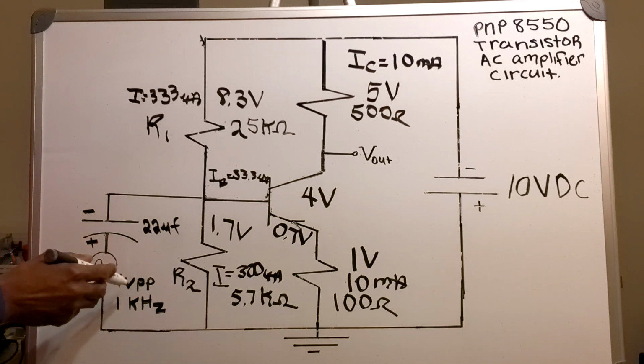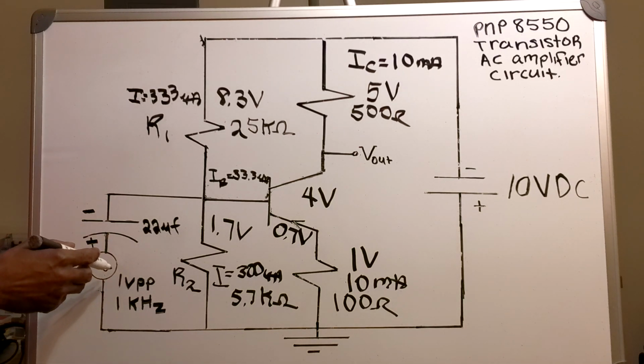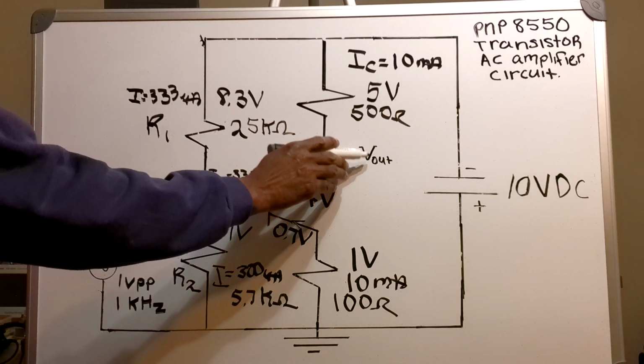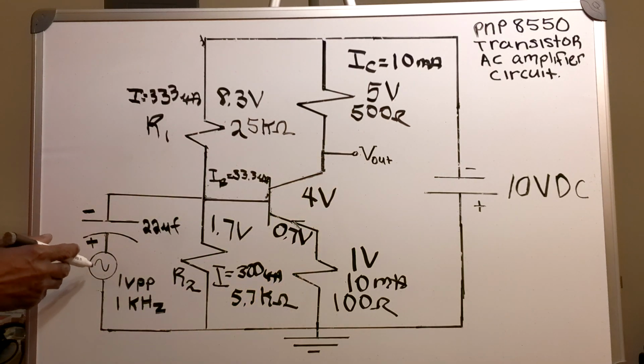Now, in order for me to find out exactly the amount of voltage that will appear right here because of the input, I'm going to have to know what the voltage gain is.